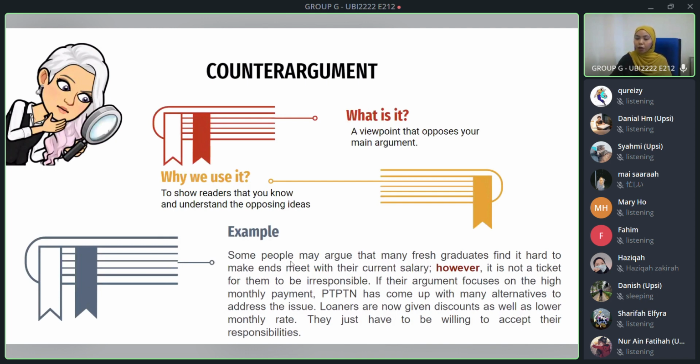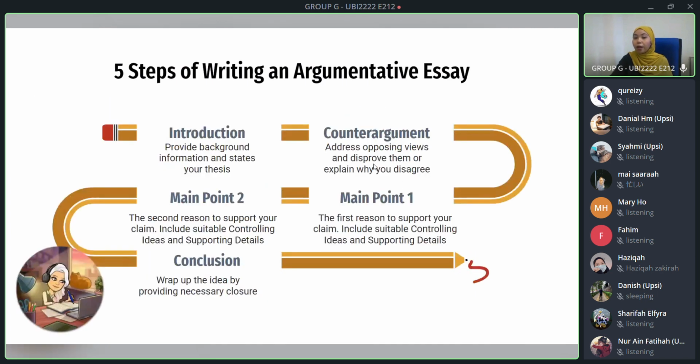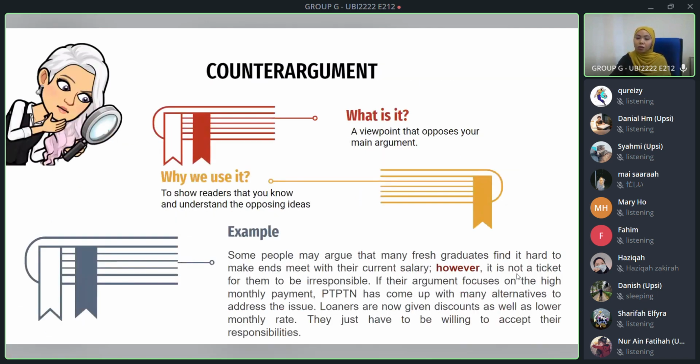So that's why some people argue that many fresh graduates find it hard to make ends meet with their current salary. This phrase right here, however, shows that I am opposing. I address the opposing view and I disprove them, or I explain why I disagree. However, it is not a ticket for them to be irresponsible. If their argument focuses on the high monthly payment, PTPTN has come up with many alternatives to address the issue. Loaners are now given discounts as well as lower monthly rate.